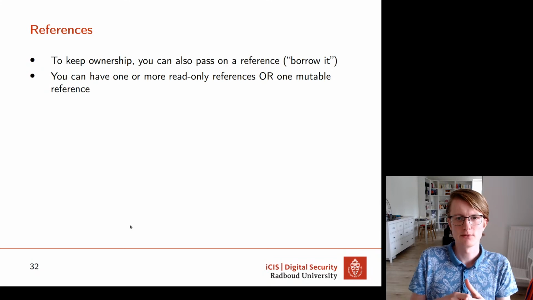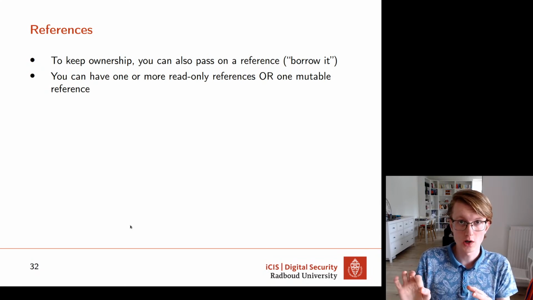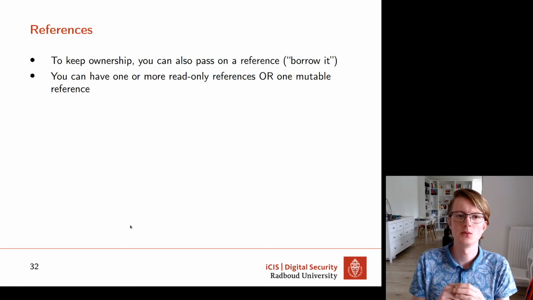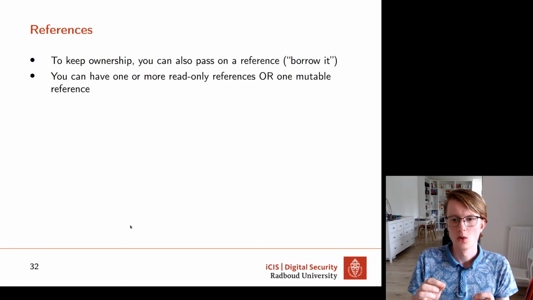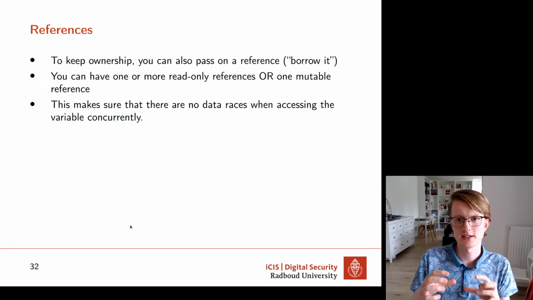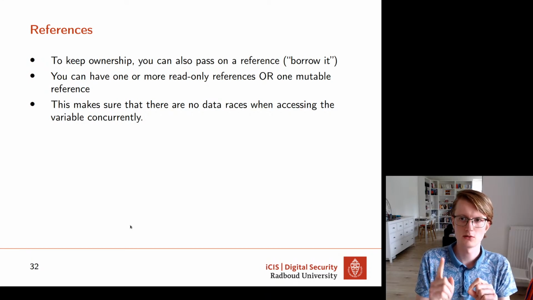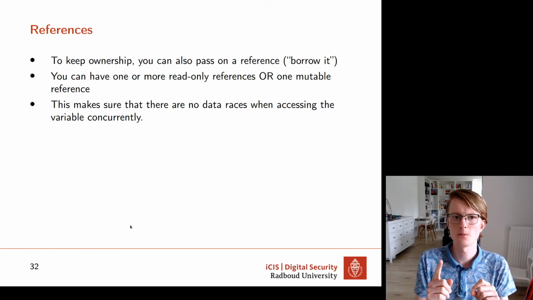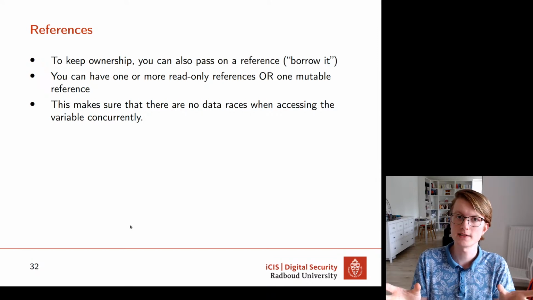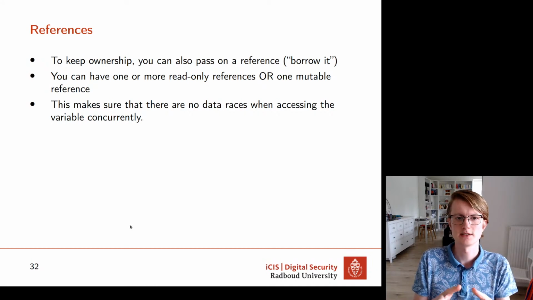And in Rust, you can have one or more read-only references, or exactly one mutable reference. And what this does is that it makes sure that there are no data races. There's only going to be at most one person writing to something and no one else reading it. Or there can be more people reading something, but then no one will be writing to it.